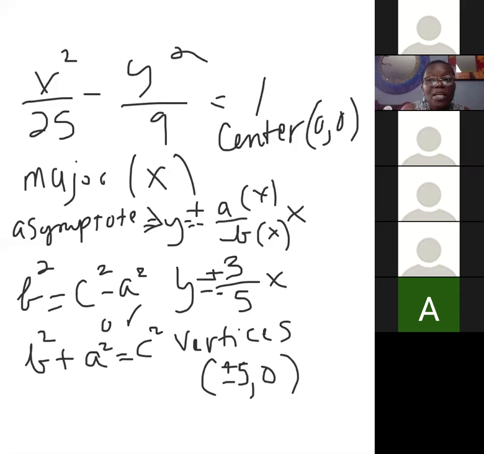You just gotta remember, it's the change in the y. So the square root of the denominator of the y over the square root of the denominator of the x. Rise over run, change in the y over the change in the x. Whether it's a vertical hyperbola or horizontal hyperbola, it's always the change in the y over the change in the x. Okay, just making sure. All right.